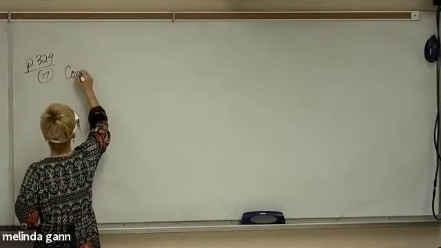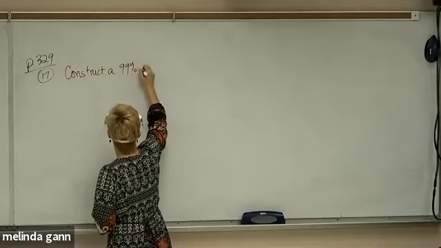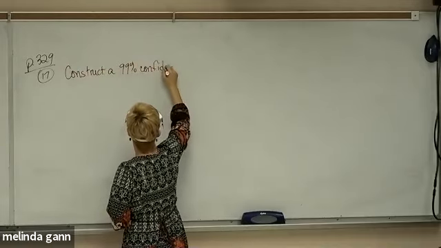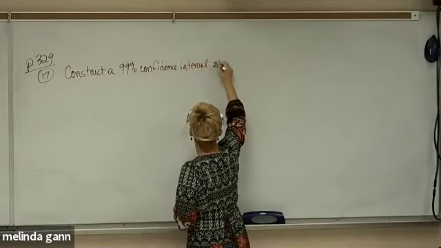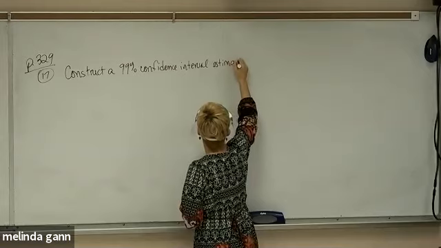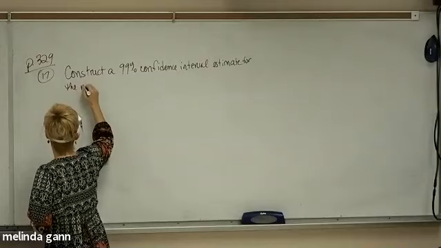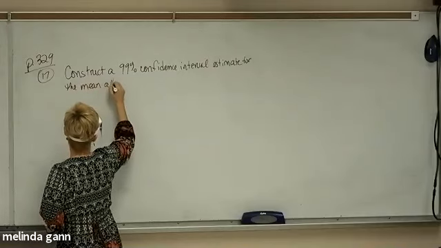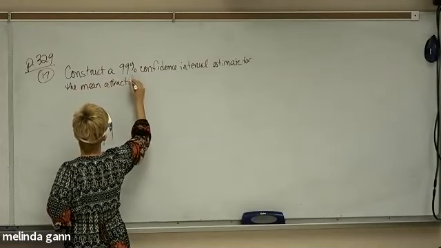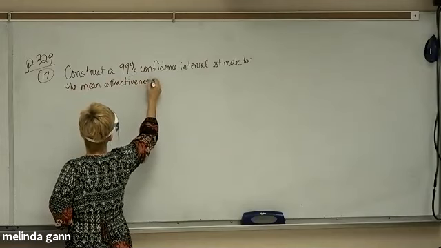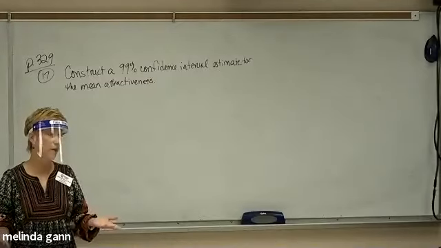So I would say construct a 99% confidence interval estimate for the mean attractiveness, or however they phrase it. I'm going to make sure on the test that the problems are worded very carefully.